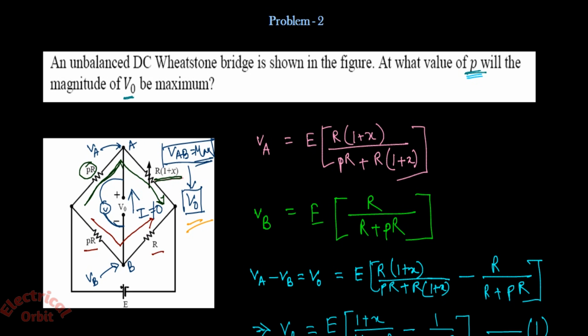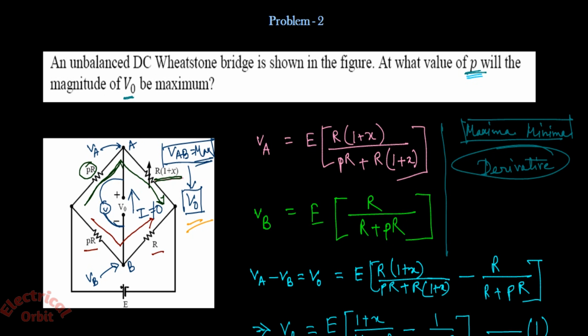We have studied in maths a chapter called maxima and minima, and in that chapter, to determine the maximum or minimum value, we have to perform a derivative. So here we have to perform the same operation, that is a derivative between V0 and P, because the relation has to be obtained by considering V0 and P according to the question.